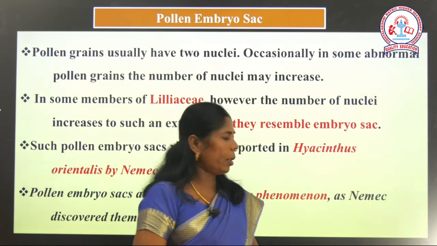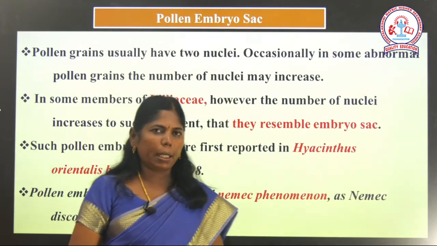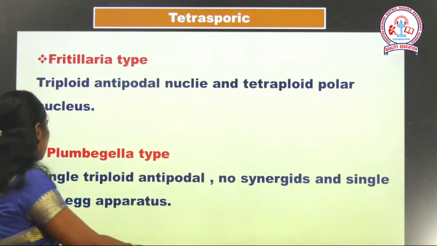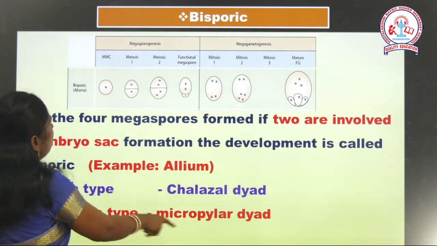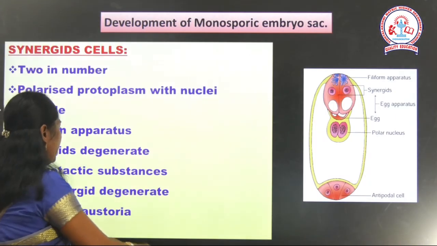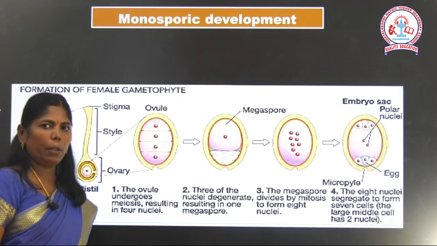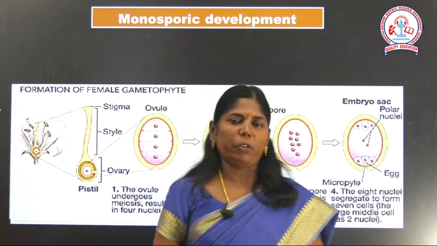Okay, so today I hope you could understand the topic. Just recall once again what we studied today. The development of monosporic means only one megaspore is involved. Thank you children, I hope you could understand. Thank you so much for watching this video.